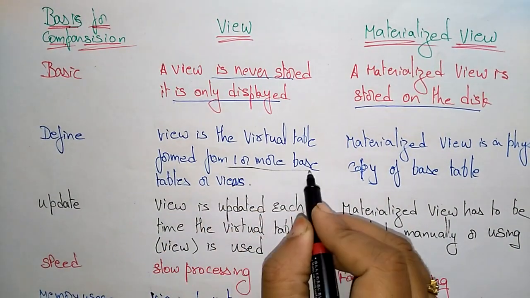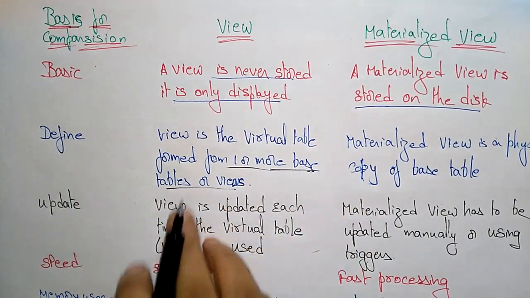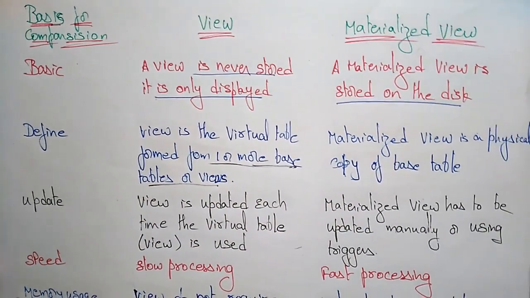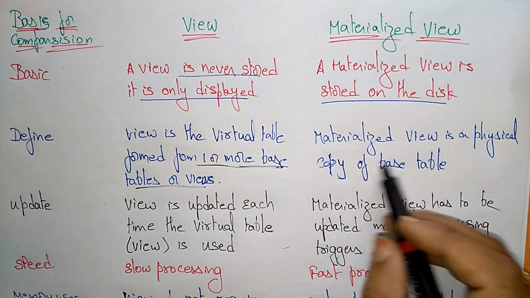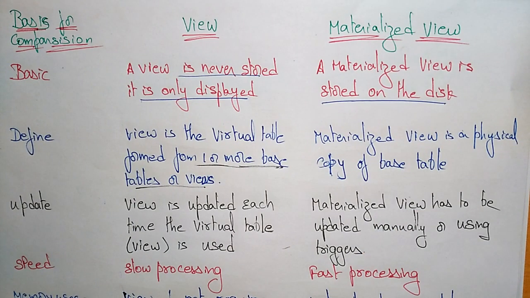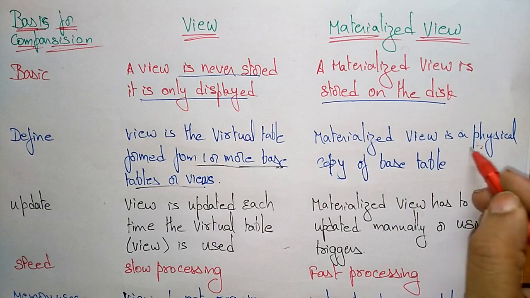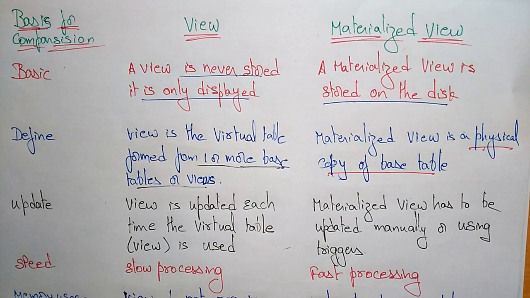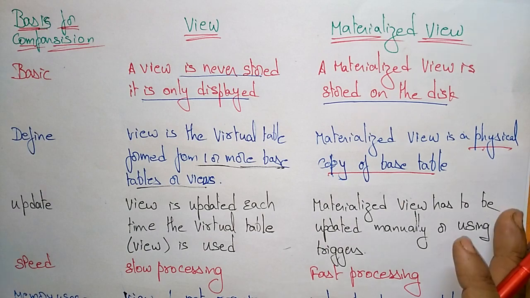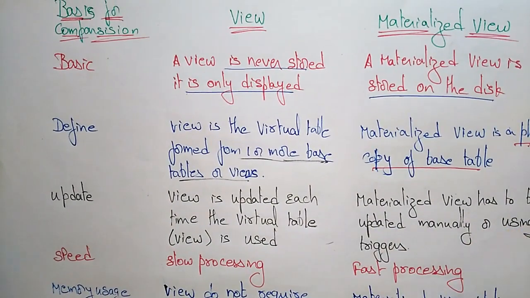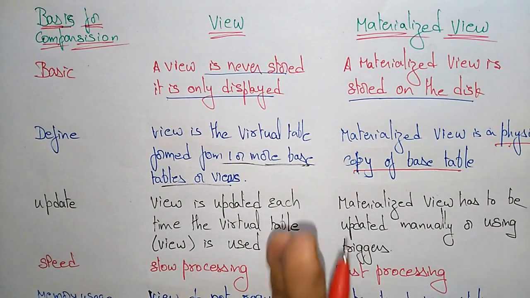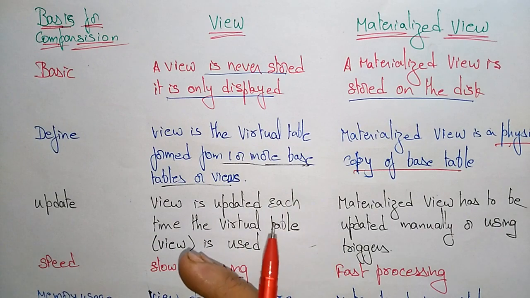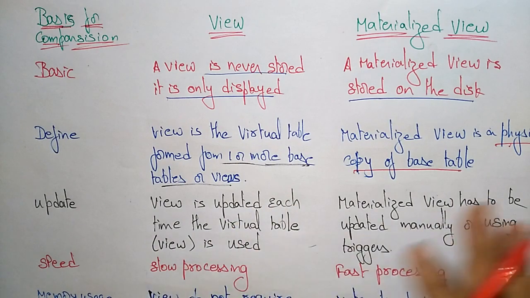A materialized view is a physical copy of the original database table, just like a snapshot, an exact picture of the original table.